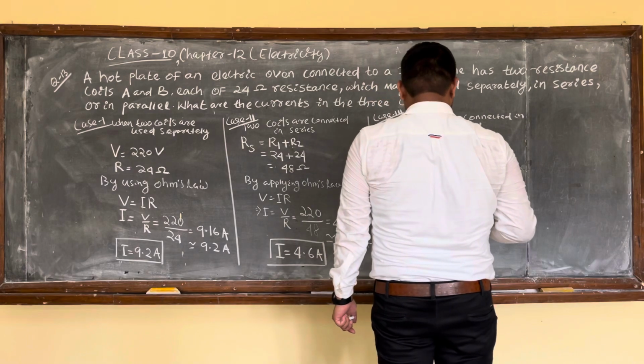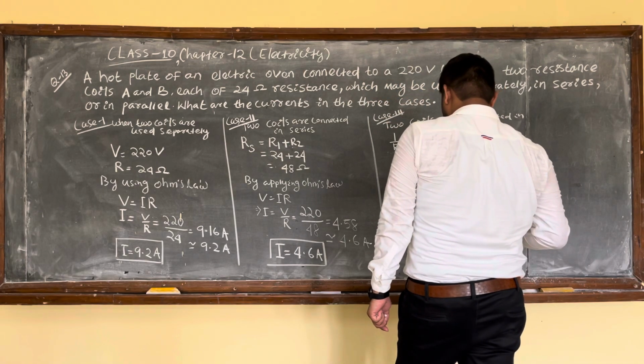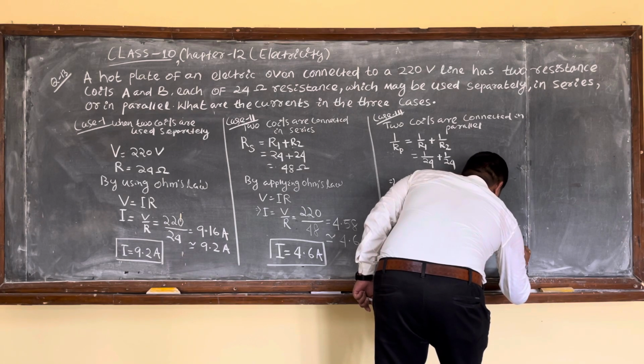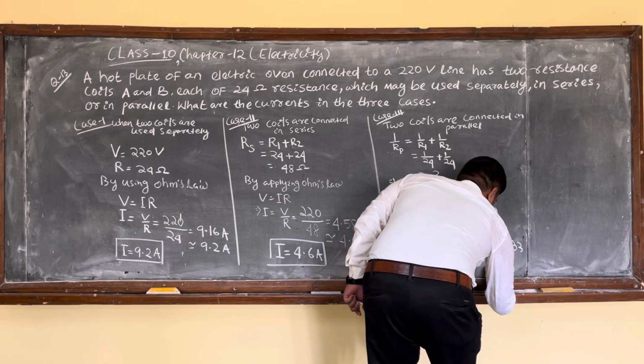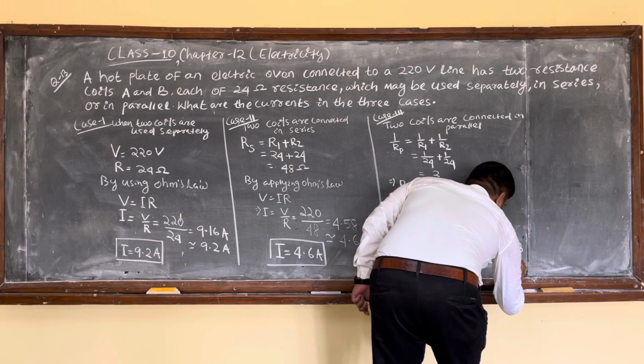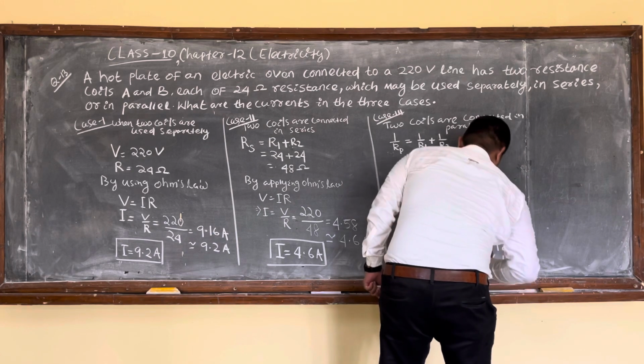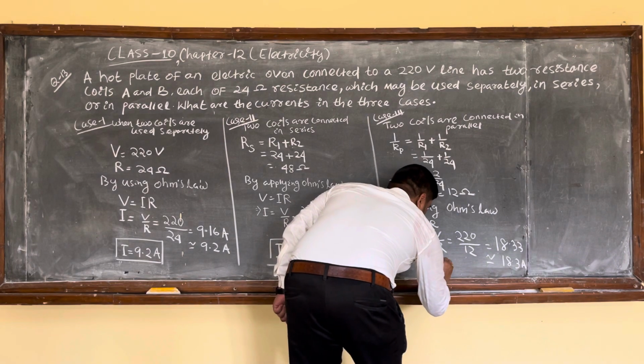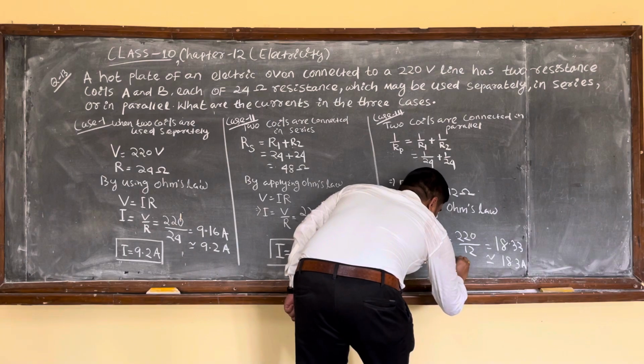When you divide 220 by 12 you find 18.33, which is nearly equal to 18.3 ampere. So for parallel connection the current I equals 18.3 ampere.